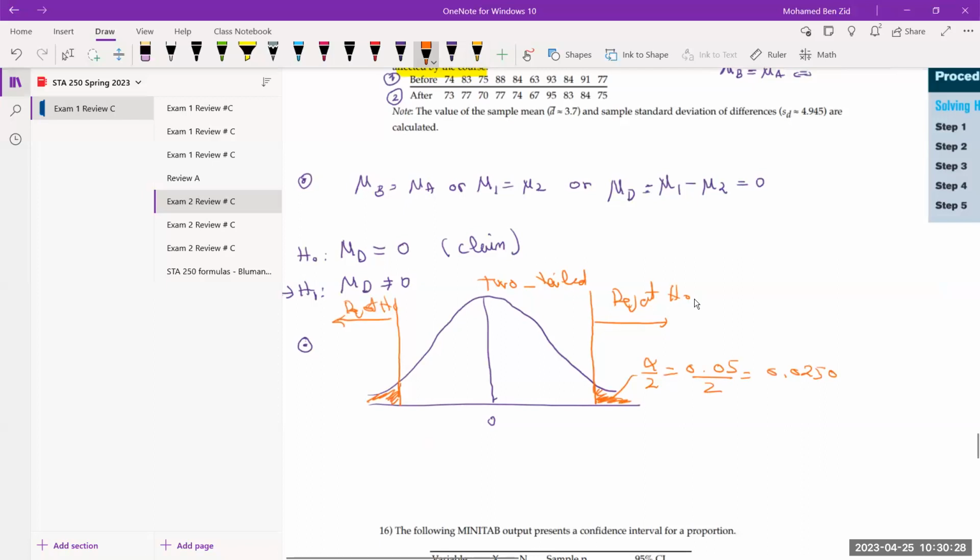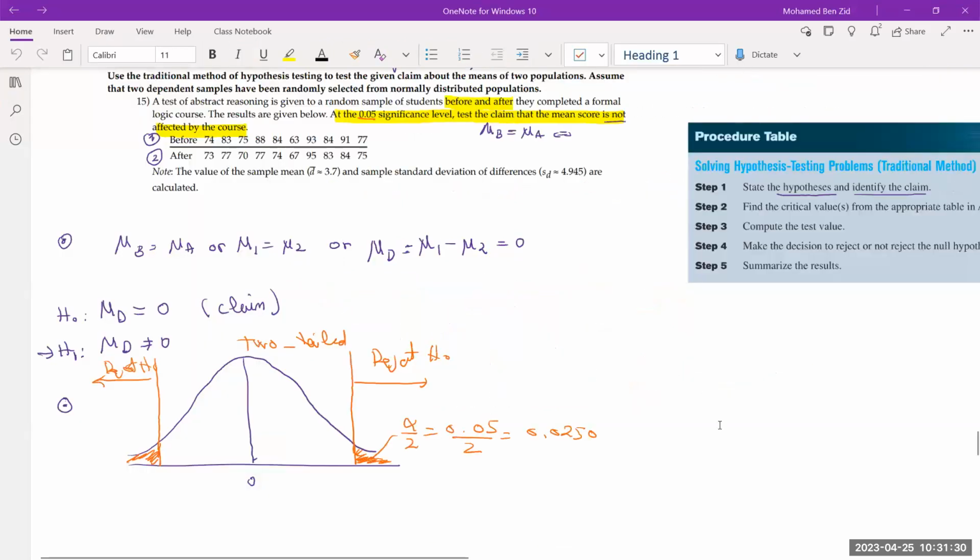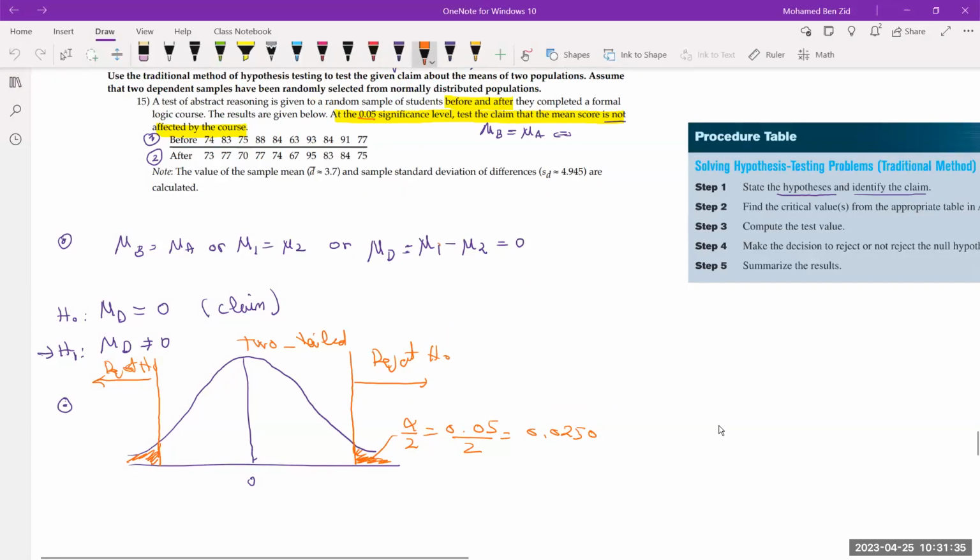Now, the next step. We want to figure out what the T critical is. And because of these two tails, we have two T criticals, obviously one positive and one negative, right?